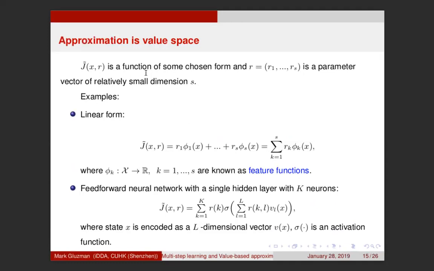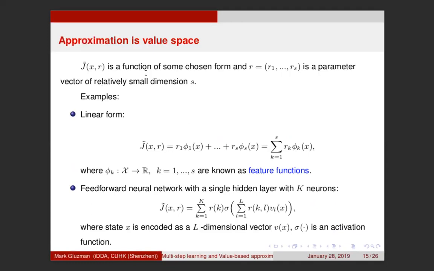We assume that this tilde g function depends on the parameters r, where the vector r has dimension s that is much smaller, or very small, compared to the number of states in our problem. So for example, we can assume that our estimation of the value function has some linear form.